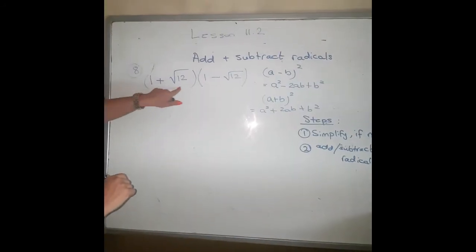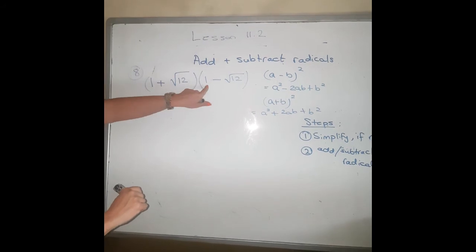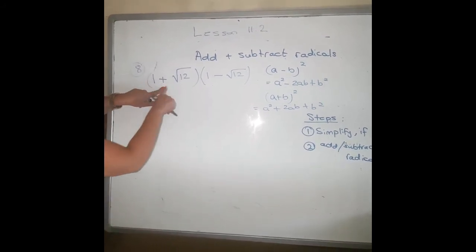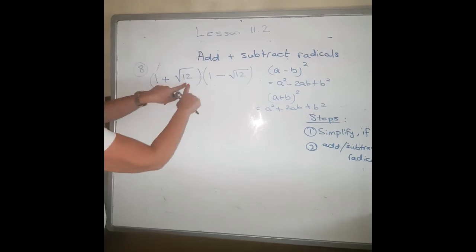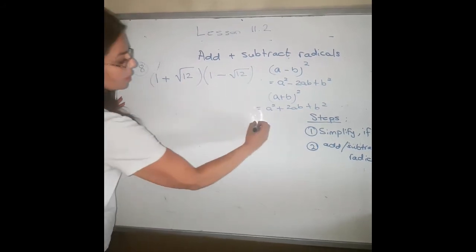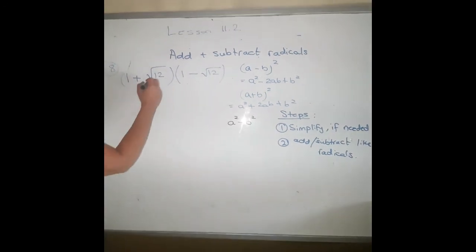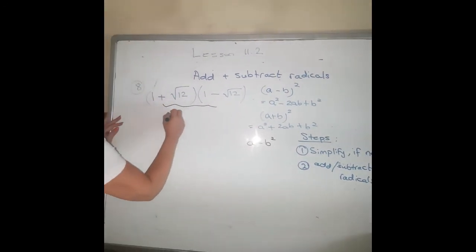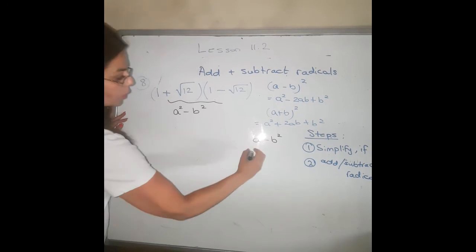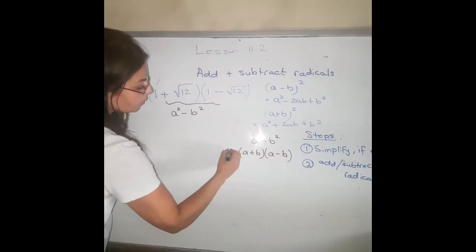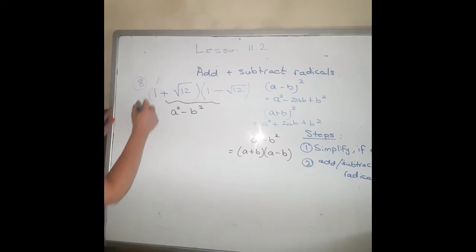I have 1 plus radical 12 in one parenthesis, and 1 minus radical 12. What does it remind you of? 1 plus, 1 minus, the same a's, the same b's. So it's a² minus b², which is actually (a plus b) and (a minus b). Where's my a?